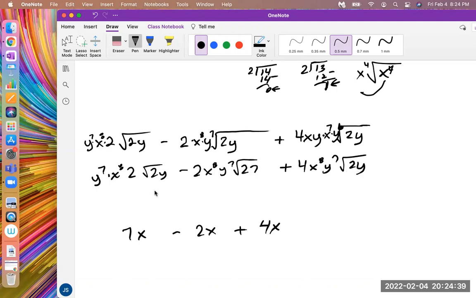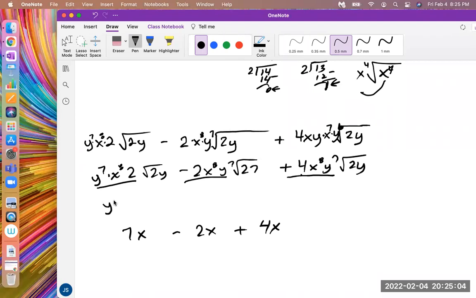So if you want to think about it, we are factoring out the 2y from all of these terms. Typically when we have expression variables, we put it at the end. So then all this other stuff that's not the 2y, I just pull out to the front.